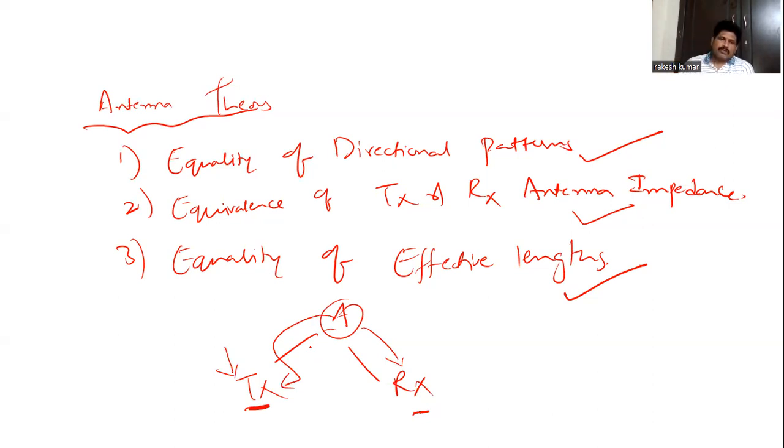Similarly, if the effective height as a transmitting antenna is 0.65, on the receiving side also the effective height should be 0.65.